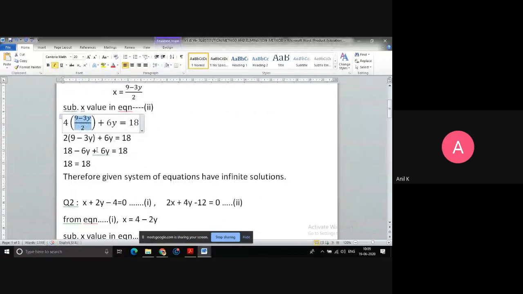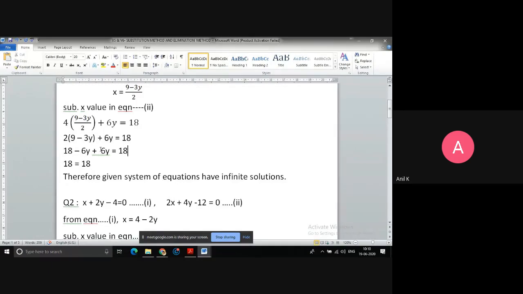Now the denominator 2 will get cancelled with 4, giving 2. So in place of 4 here, I wrote 2 because this 2 is getting cancelled. So 2 times (9 minus 3y) plus 6y equals 18. Open this bracket: 2 nines are 18, 2 threes are 6y, so 18 minus 6y plus 6y equals 18.